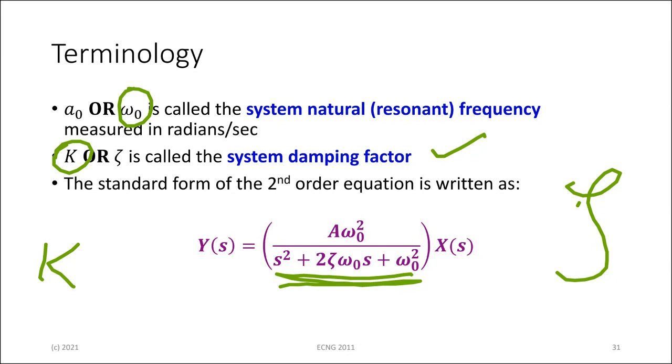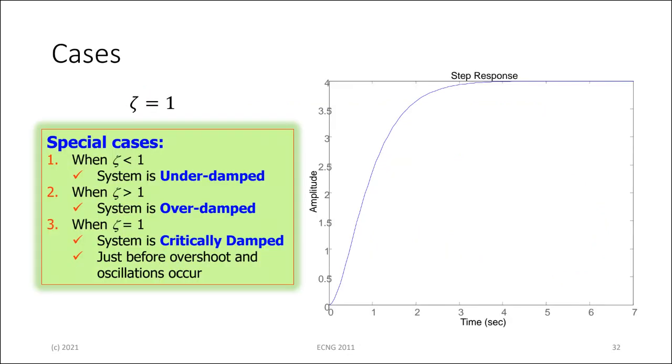Okay, and in the case of controls and other engineering courses that you're going to meet, the values of zeta, depending on the value, they have some terminologies for them. So when zeta is less than 1, they call the system underdamped, right?